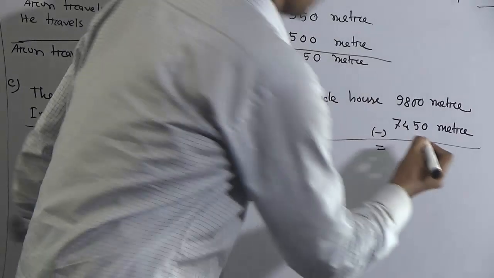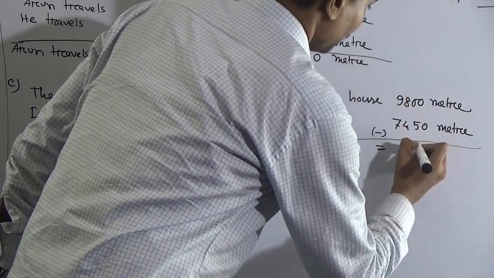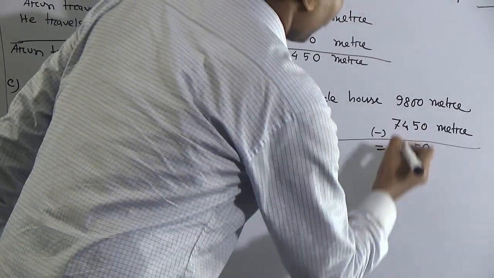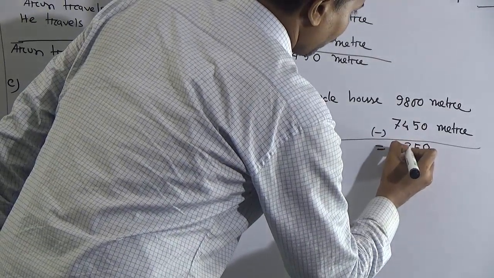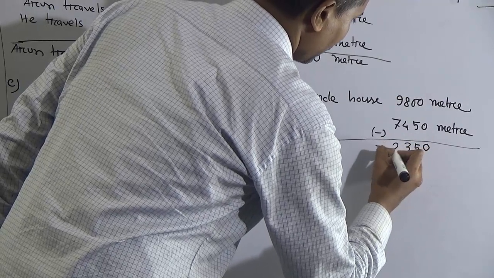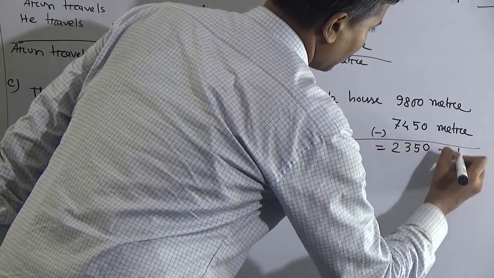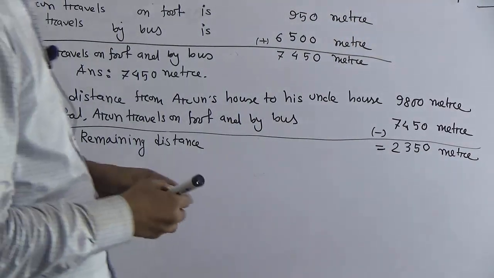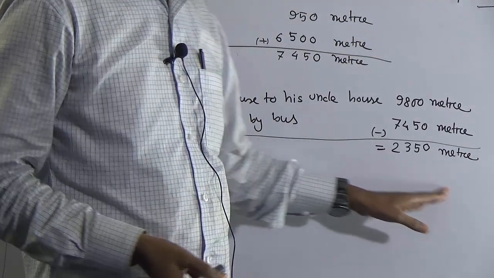Now subtract: 0, 5, you have 1, 5, then 3. That means remaining distance is 2350 meter.